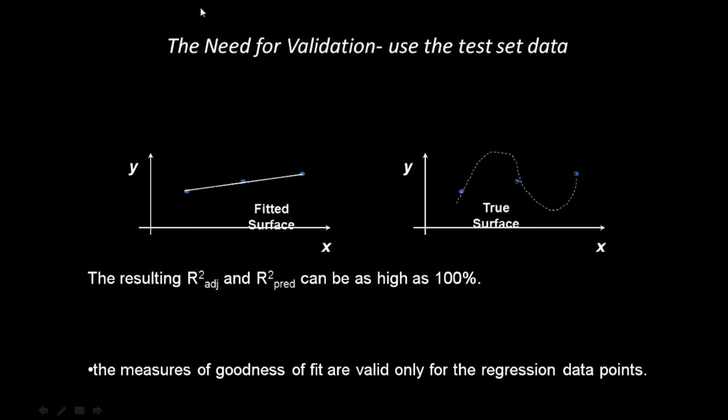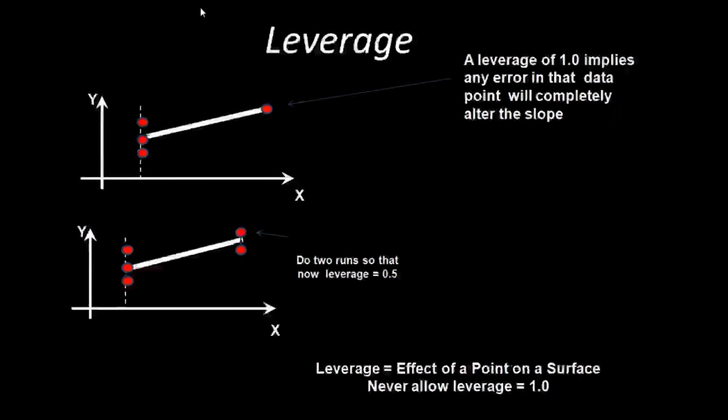There is something called leverage. Imagine that this is your descriptor x and this is your activity y. You are plotting a few data points between x and y, and for most of the compounds the descriptor value is almost the same except for one compound which is far away.